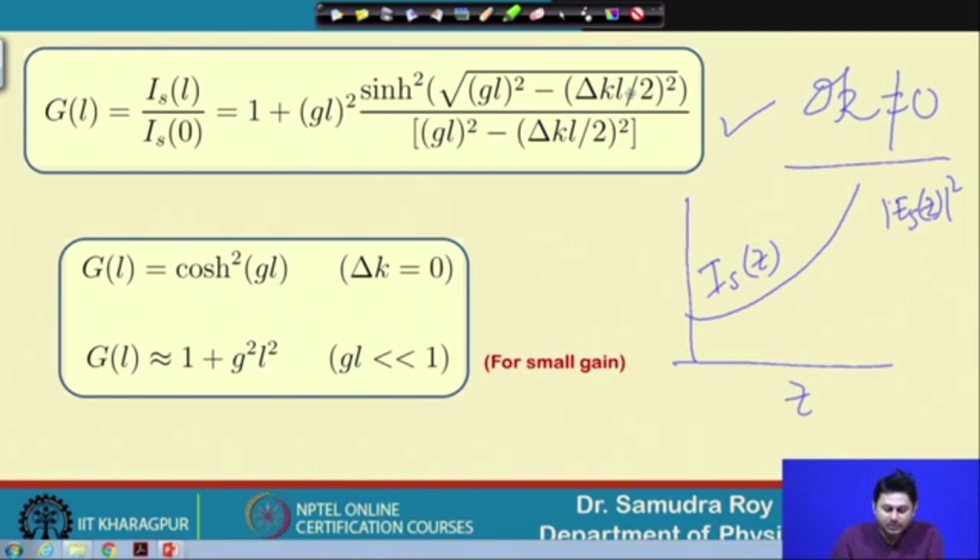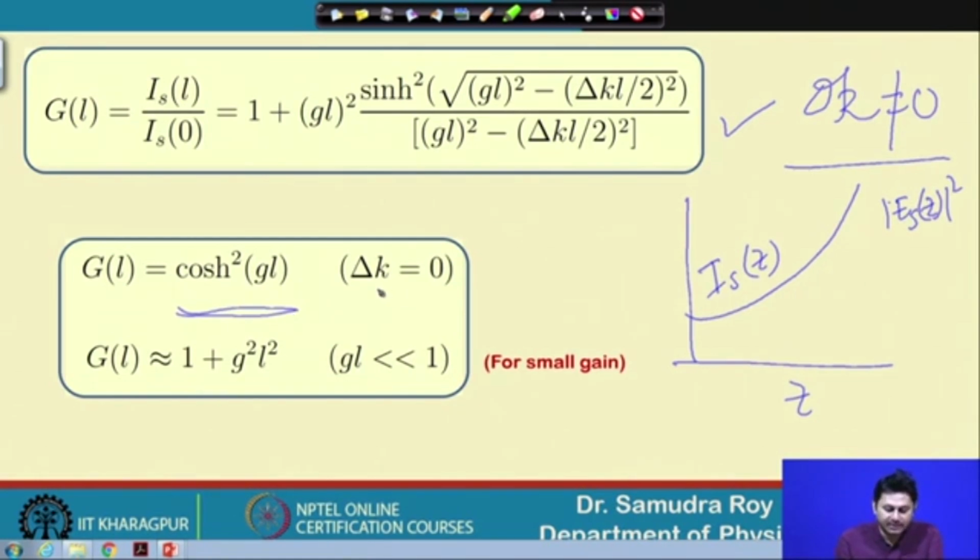Now, if I make delta k equal to 0, that means absolute phase matching, then this equation simplifies and it gives cos square GL. Simply, the expression of the gain becomes cos square GL under delta k equal to 0. And one can also further simplify this.